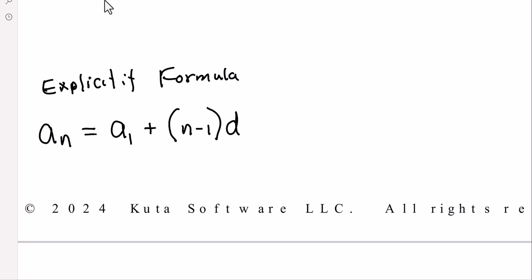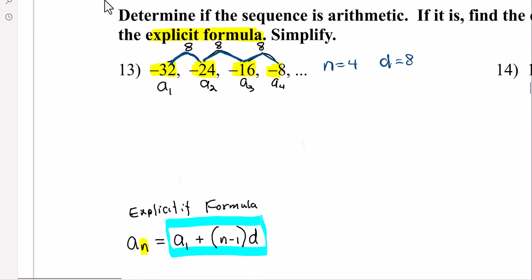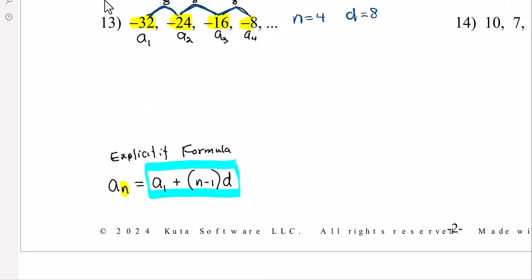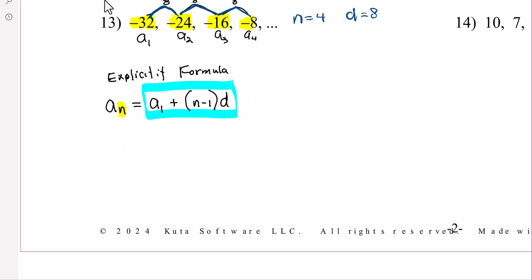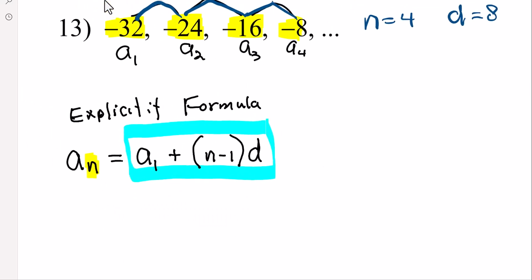You tell us which term you're trying to find, and then given the information, you're going to plug that stuff in. So I'm going to raise this up a little, bring this up here so you can see all that. So for example, there are 4 terms. But let's say I didn't know that negative 8 was a sub 4. Let's find a sub 4.